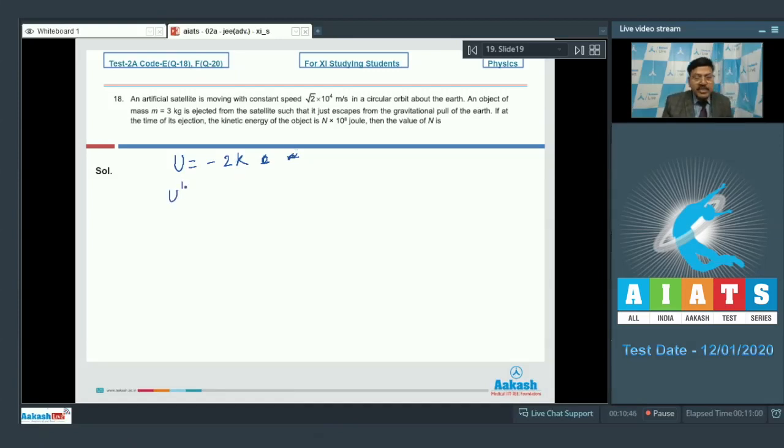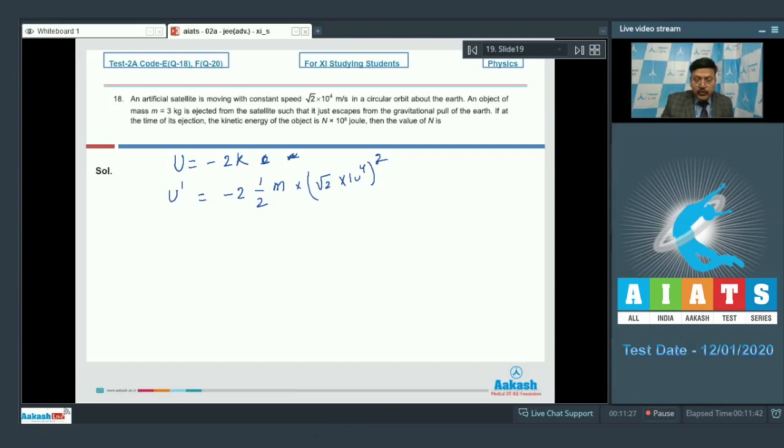That means the gravitational potential energy of the particle of mass m when it's moving with the satellite is equal to minus 2 times half mass of this particle into (√2 × 10^4) squared. That is the gravitational potential energy of the particle when it's moving with the satellite, right?